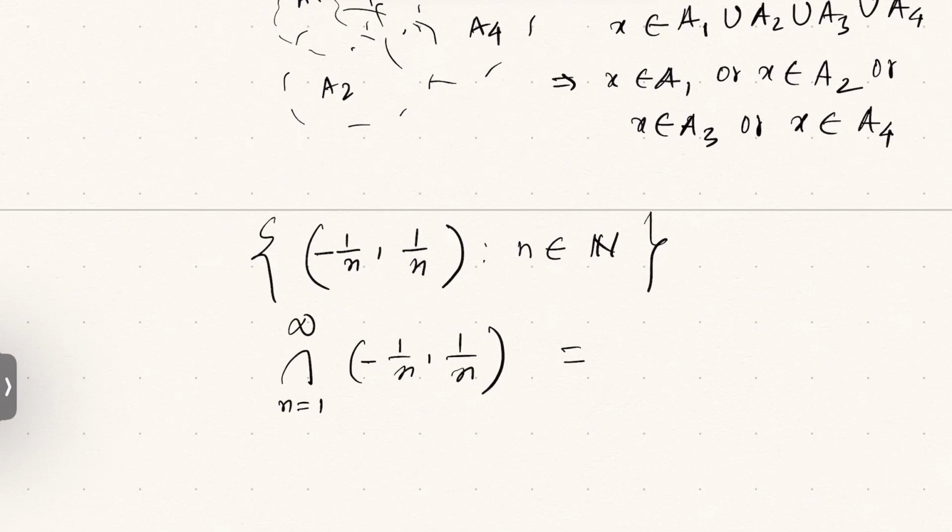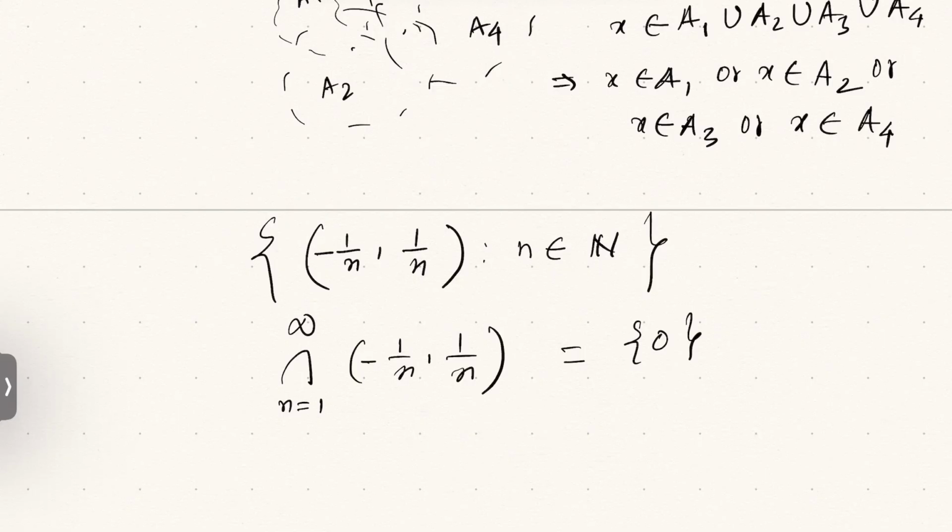Sure. This gives me {0}, right? Because 0 is in all these sets (-1/n, 1/n).